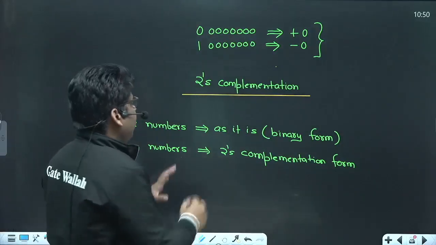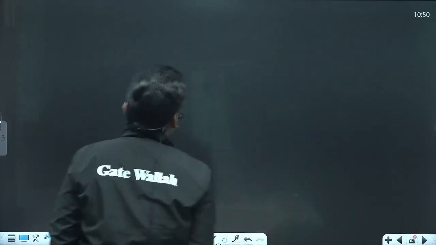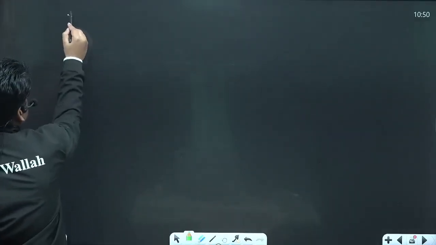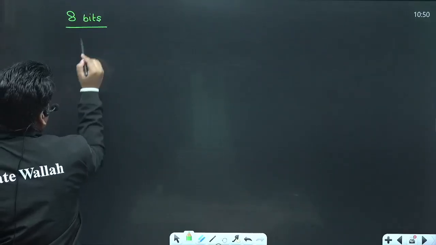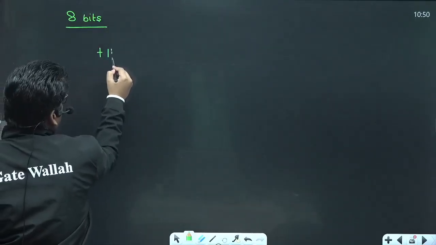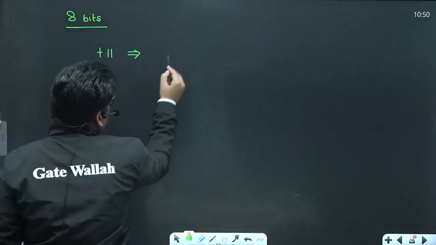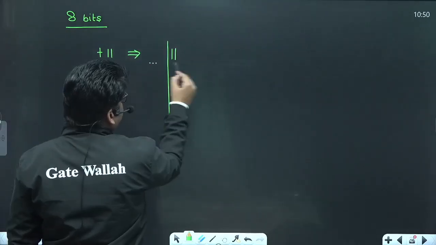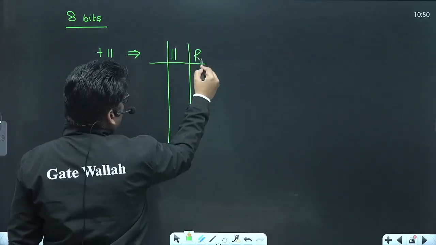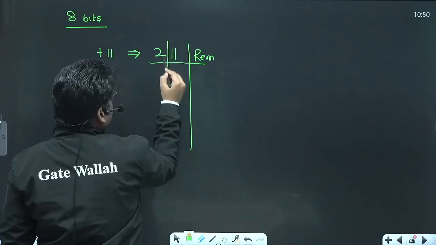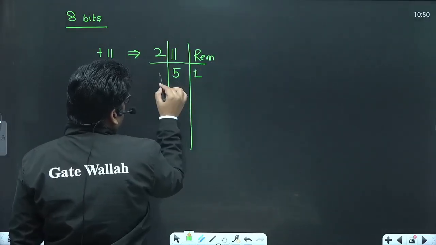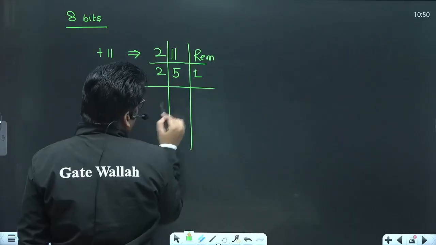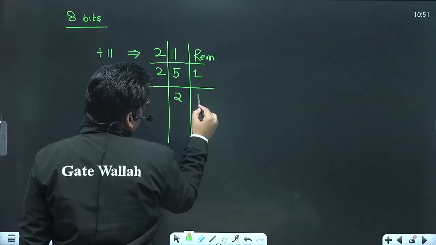That means if I talk about this two's complementation method and consider an 8 bit integer, if someone asks me to store plus 11, I will calculate the binary of 11. Dividing 11 by 2, remainder 1, quotient 5. Dividing 5 by 2, I get quotient 2, remainder 1.